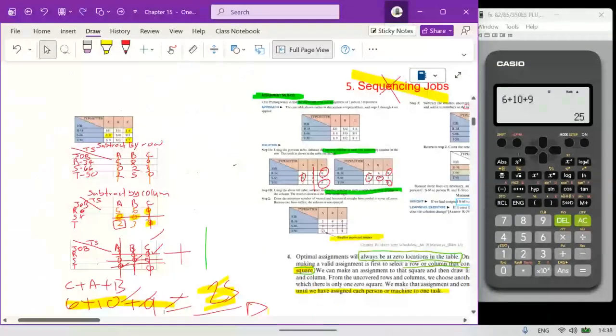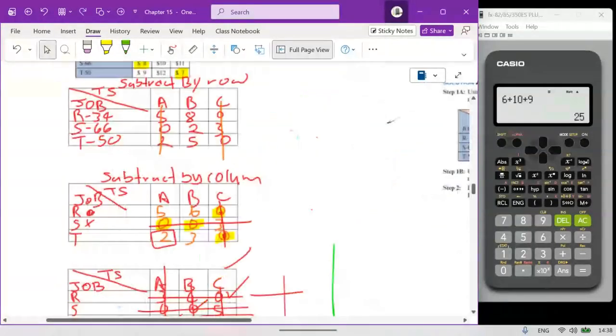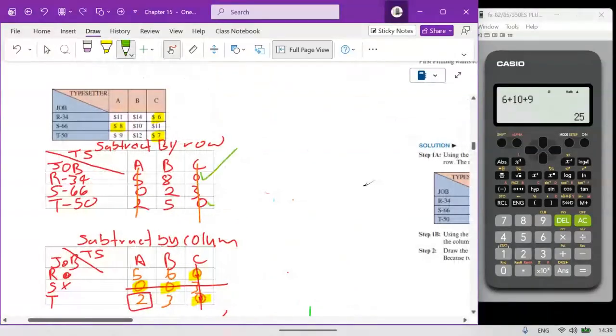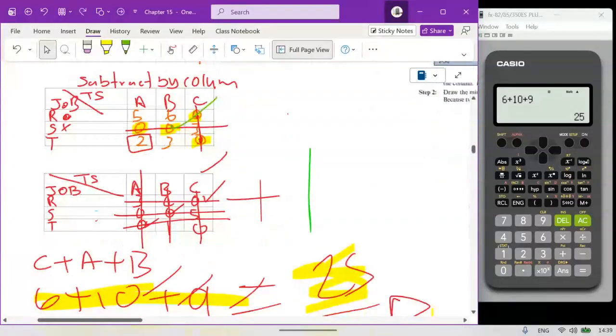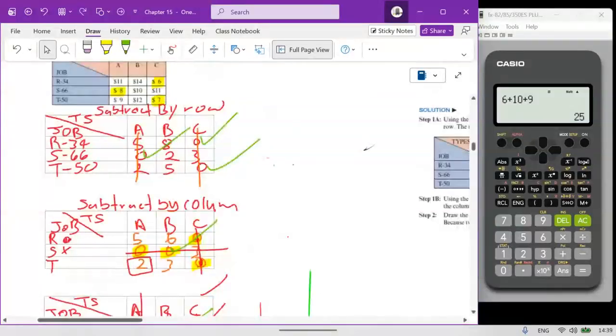Let's mark with a green. I mark this, I mark this, I mark this. That has been done. I come here, I mark this.